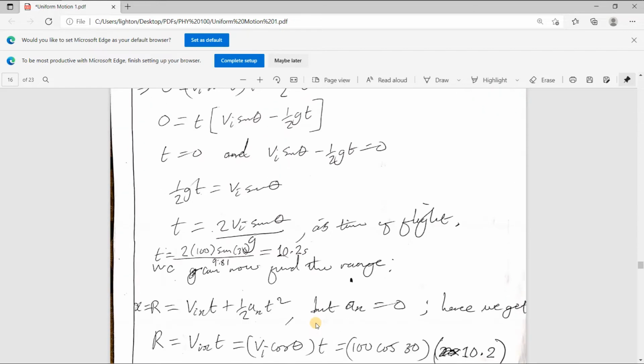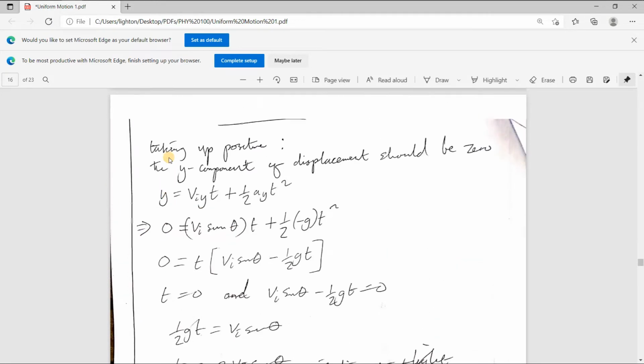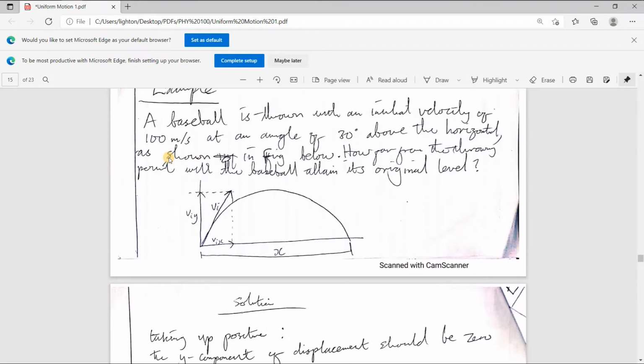Now at t equals 0, this was just the displacement in y before it was even thrown up. This is time 0, this is the origin, so displacement is 0 at t equals 0.